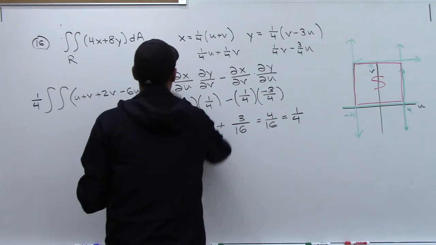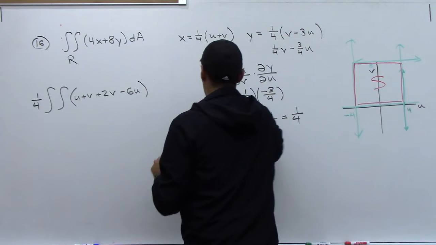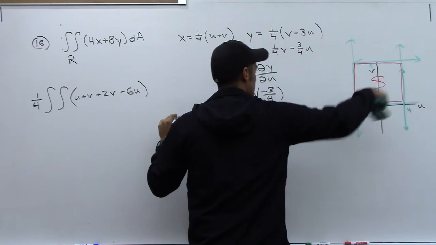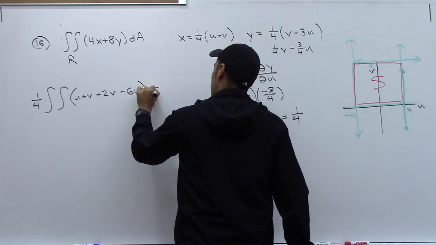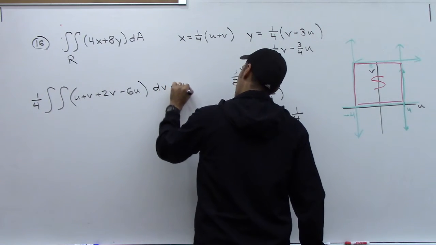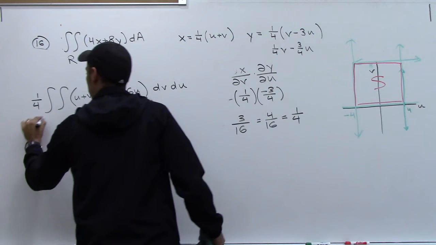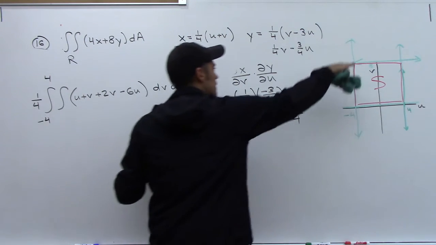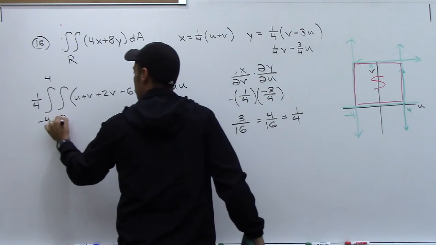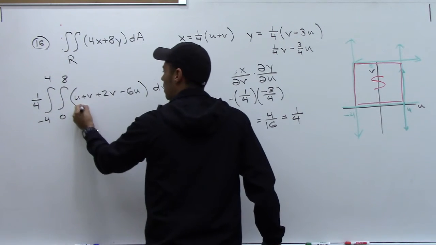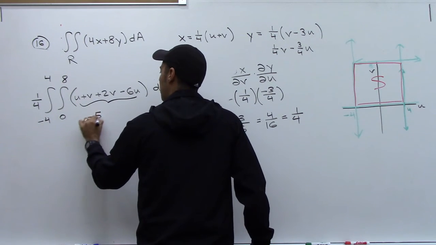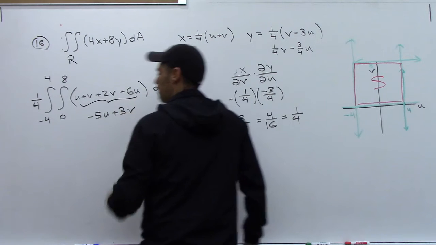I can do that. And then I need my 2 variables. And since it's a rectangle, it doesn't matter which way I go here. I'll do dv du. My restrictions on u are -4 to 4. My restrictions on v are going to be 0 to 8. I can clean this up and make that -5u plus 3v.